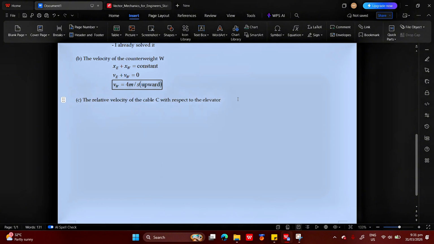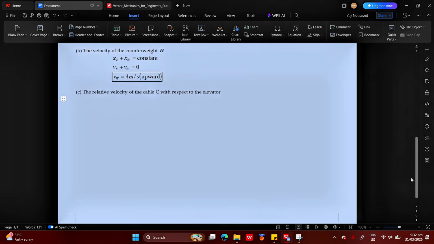So how do we get this? The relative velocity of the cable C with respect to the elevator. The meaning of the relative velocity is the displacement, the vector difference between the two points.